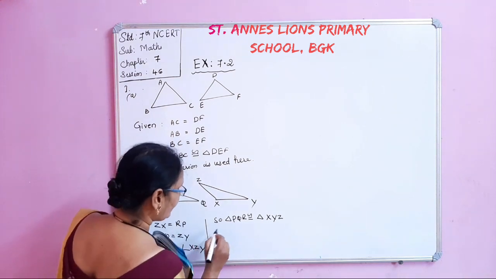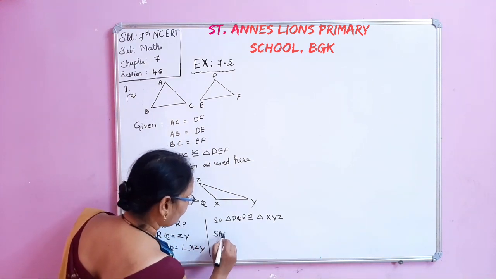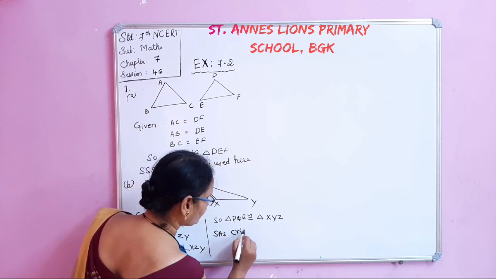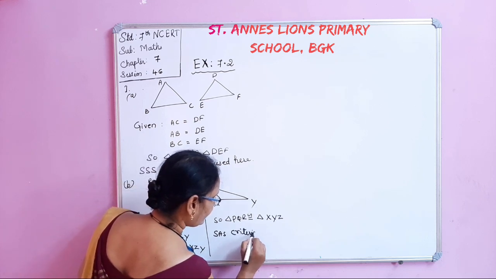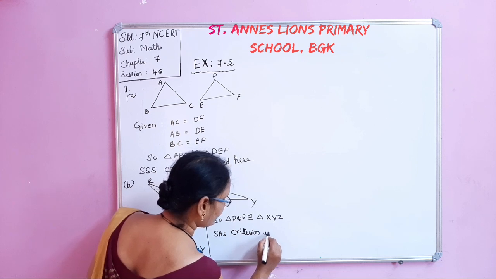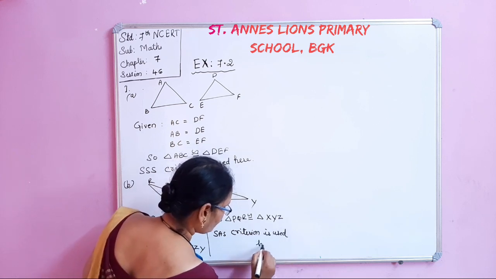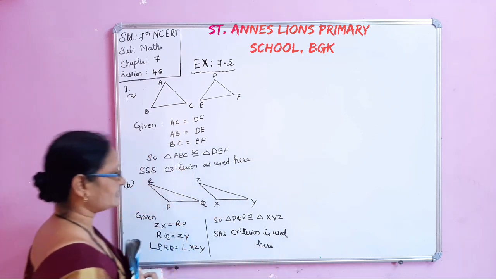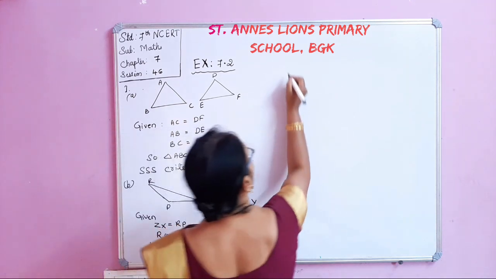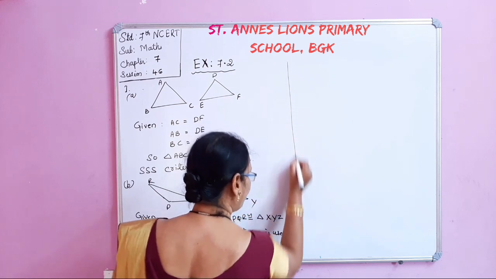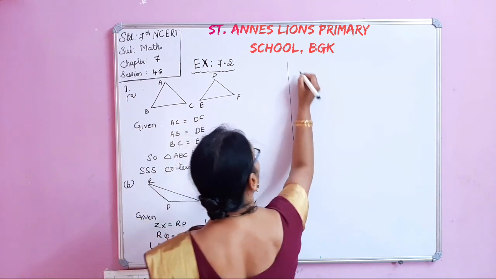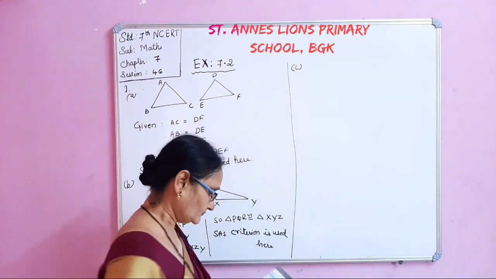Which criterion? SAS criterion is used here. So like this, you have to write which criterion is used. Then next, the first main, that is C.